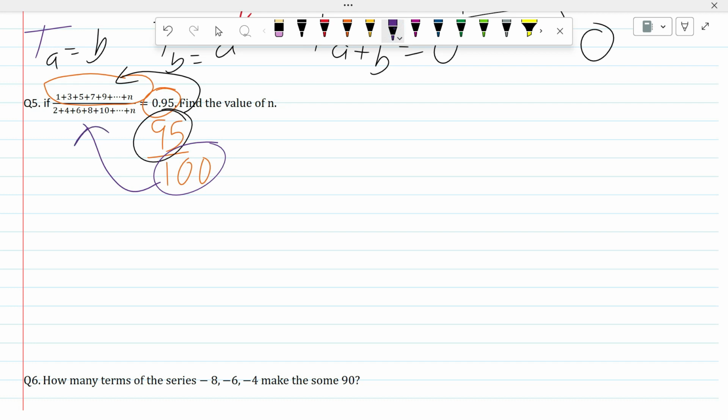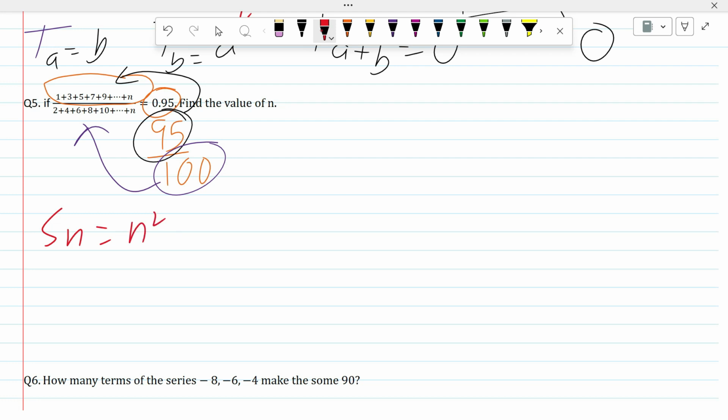Notice one thing: what is in the numerator is the arithmetic progression of the odd numbers. And remember that when it is a case of odd numbers, then Sn is equal to n square.